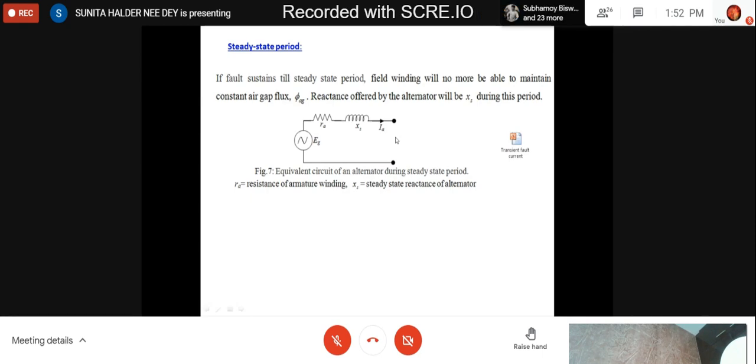Even in the normal condition, why does XA come, why does the armature reaction take place? That means the field winding is not sufficient to wipe out the armature reaction in the air gap. It has some effect. For the same reason, the steady state period is like the normal operating period, but the current is higher. Understood? Yes.